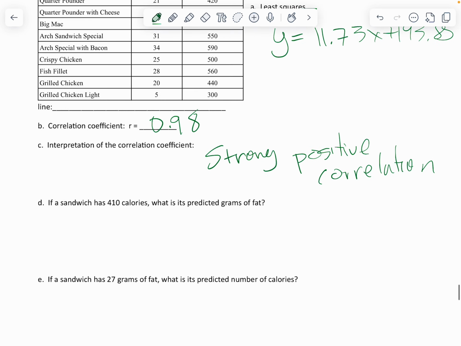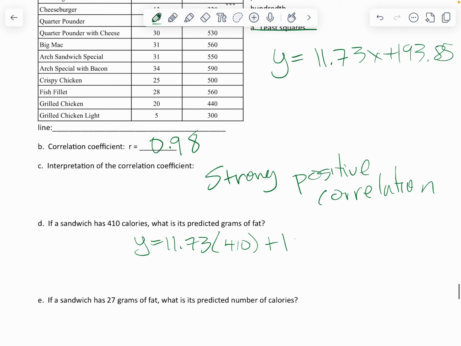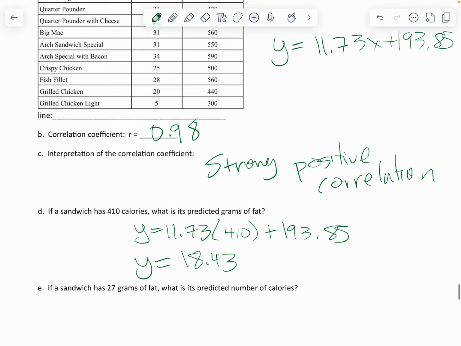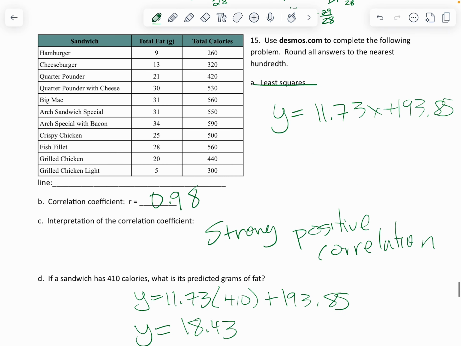Okay. So if you plug it in, y equals 11.73 times 410 plus 193.85. You will find that that answer will come out to 18.43. And then if a sandwich has 27 grams, wait a second. Oh, no. That's wrong.